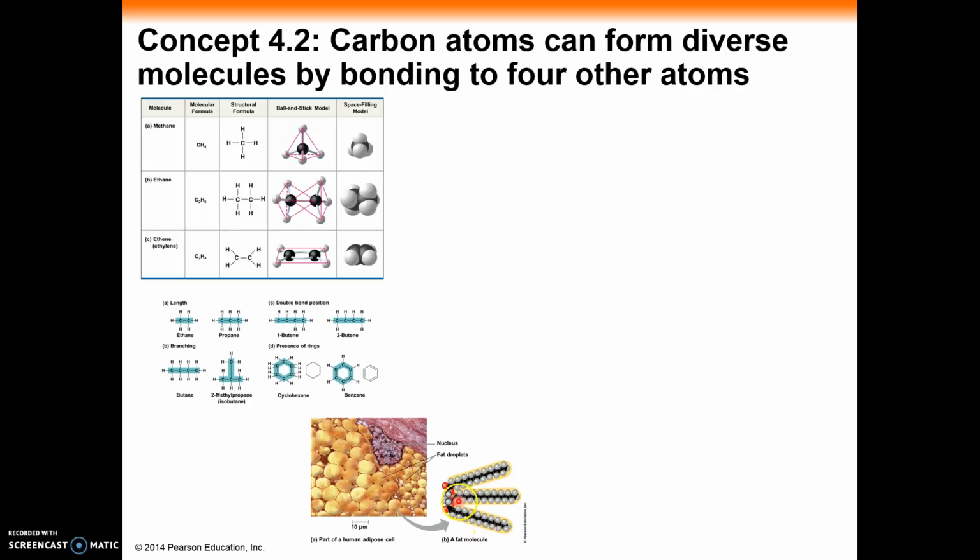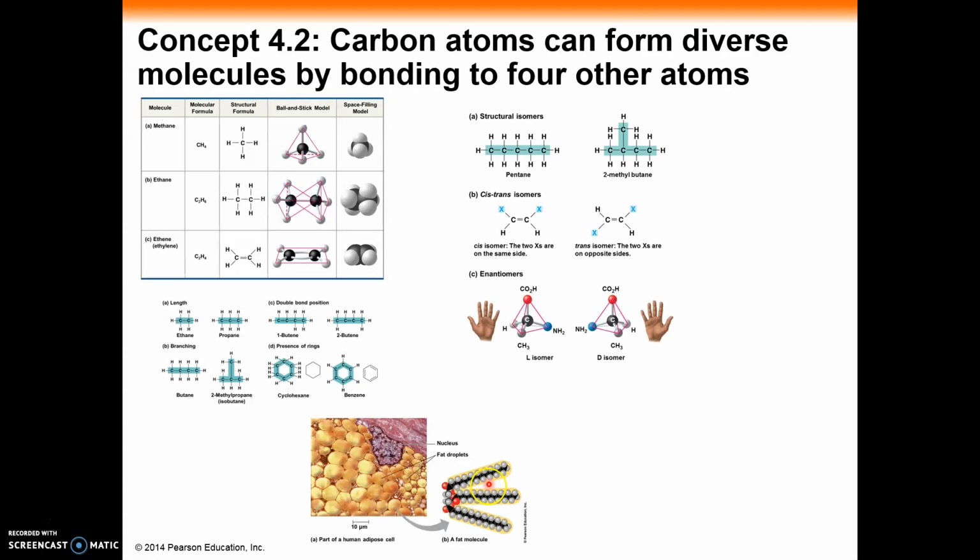Okay. We discussed how these combinations of carbon and hydrogen are called hydrocarbons. They are both nonpolar, consequently hydrophobic. They are also a good source of energy. We discussed how there are different isomer versions here.